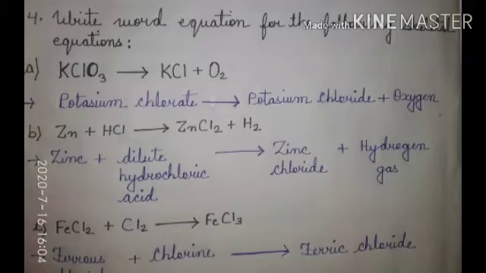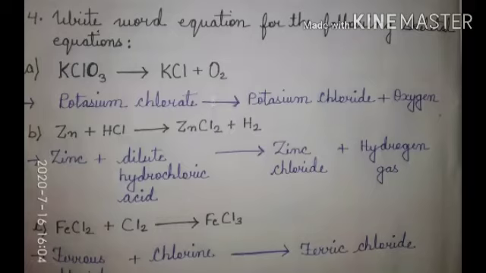Now next question, Zn plus HCl gives ZnCl2 plus H2. Here Zn is zinc and HCl is dilute hydrochloric acid, and it gives ZnCl2, known as zinc chloride, plus H2, known as hydrogen gas.